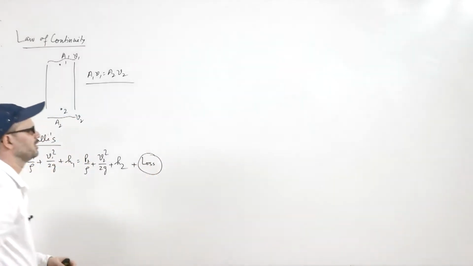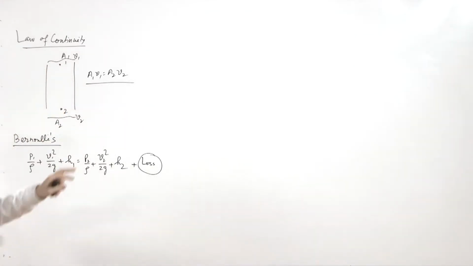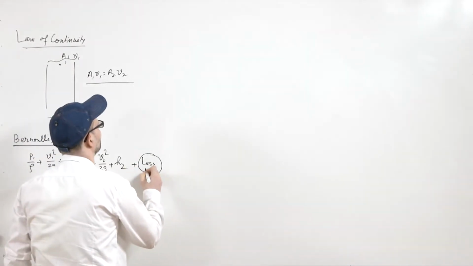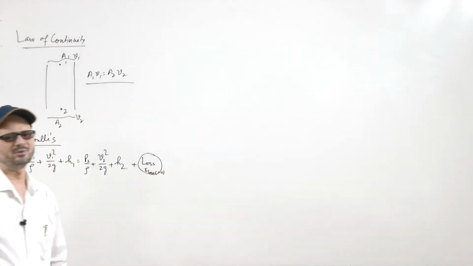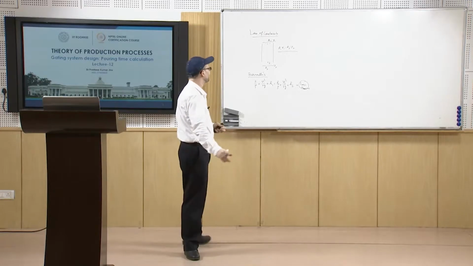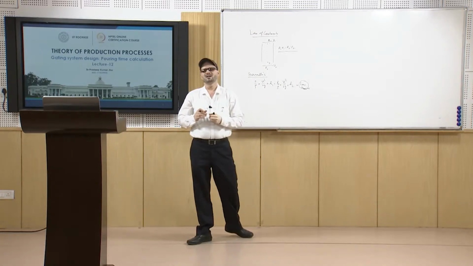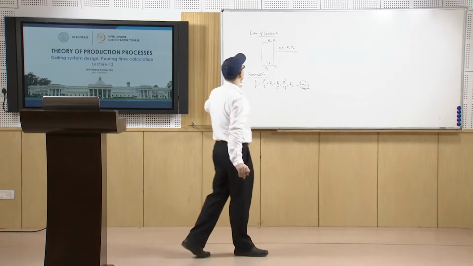You may have the loss term in between, because once it is coming from 1 to 2, there may be losses from 1 to 2. So, this loss will be energy loss 1 to 2. But if we neglect it, because it is passing through this path, this surface is not smooth, you will have friction forces acting, you will have viscosity, and because of that there will be losses.